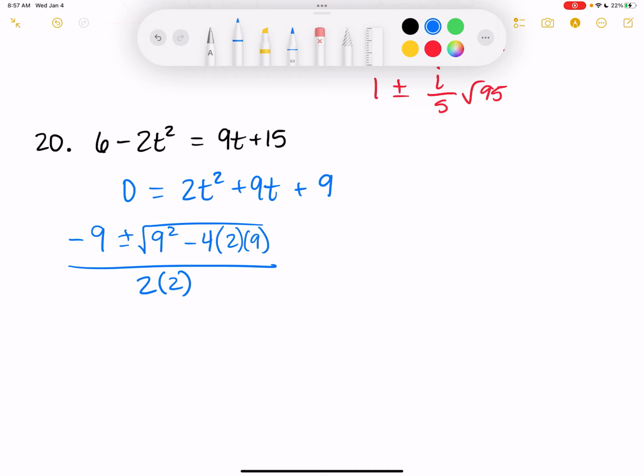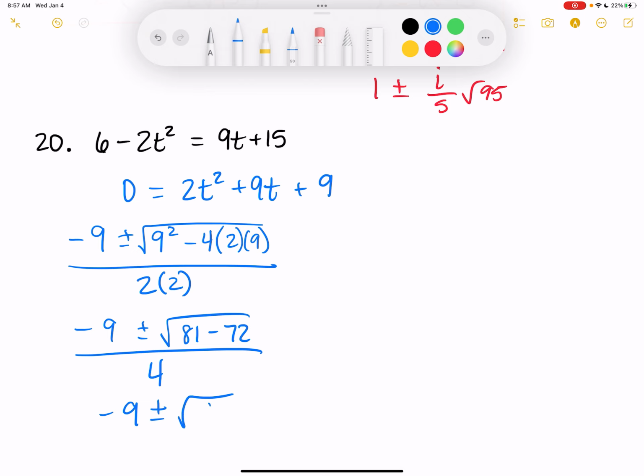So then negative 9 plus or minus the square root of 81 minus 72. Is that 72? 8 times 9, 72. All over 4. So negative 9 plus or minus the square root of 9 over 4.